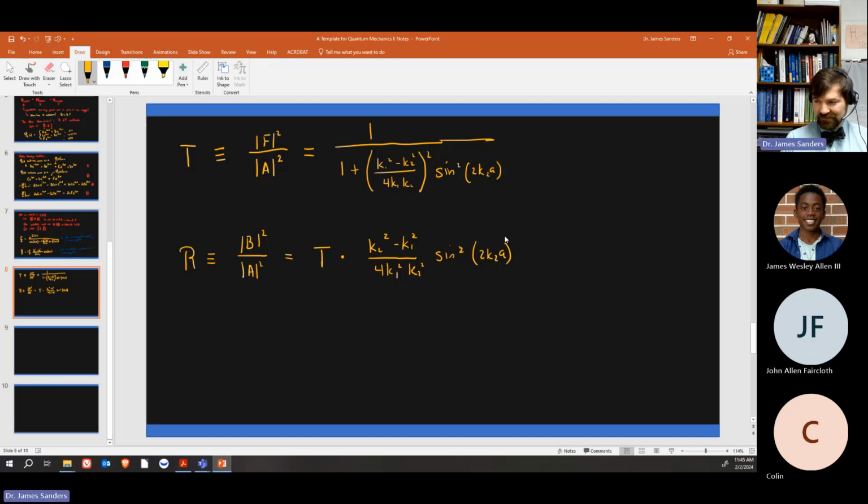Or if you'd prefer, it is 1 over 1 plus 4 k1 squared k2 squared over (k2 squared minus k1 squared) all squared, times sine squared 2 k2 a.